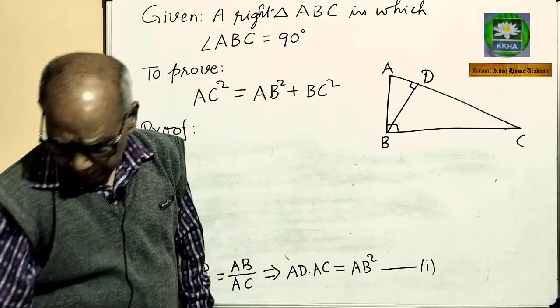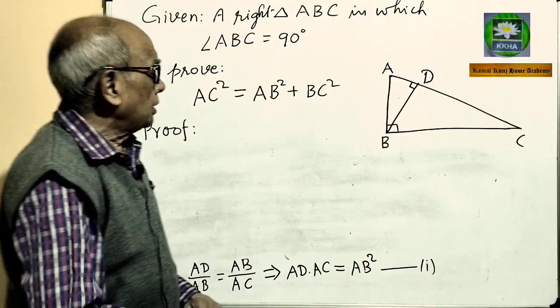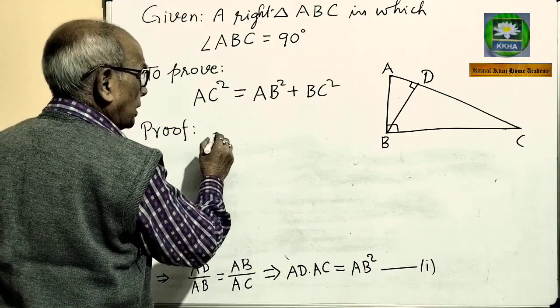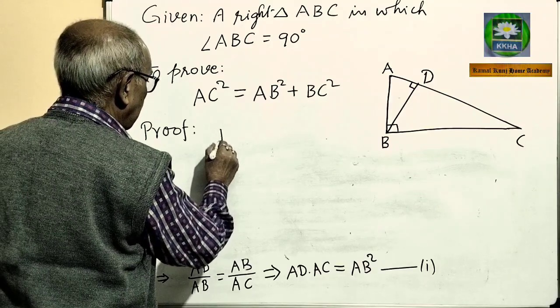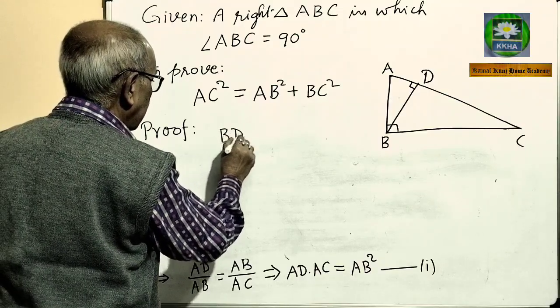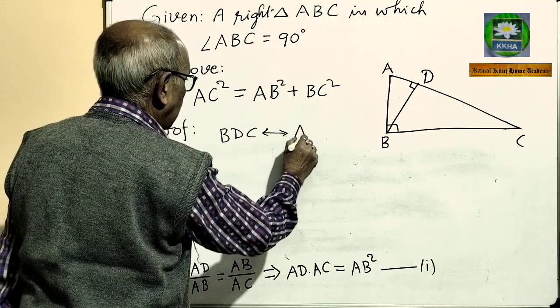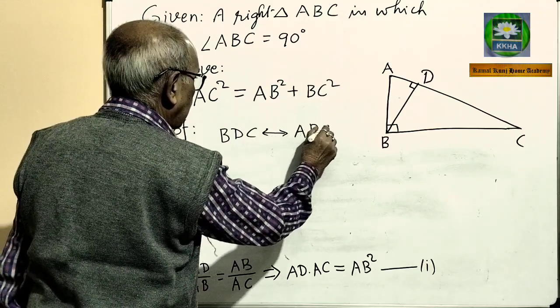Again, let us consider the one-to-one correspondence between BDC and ABC.